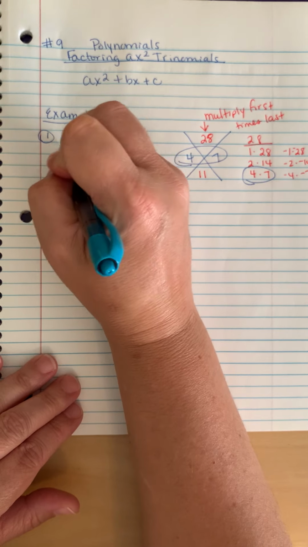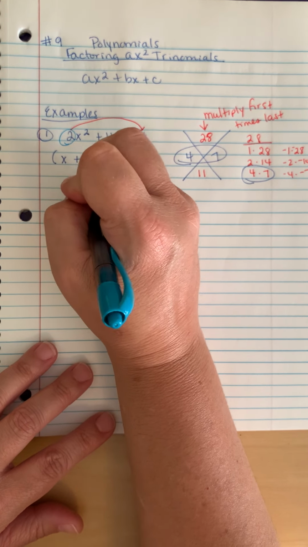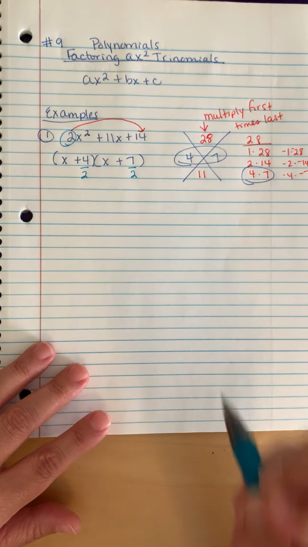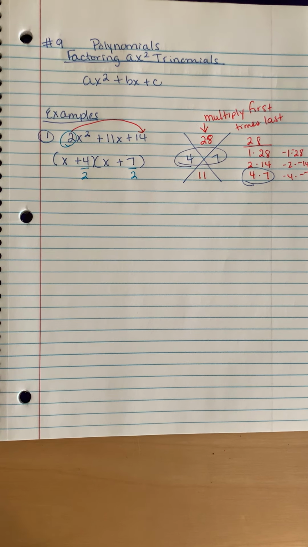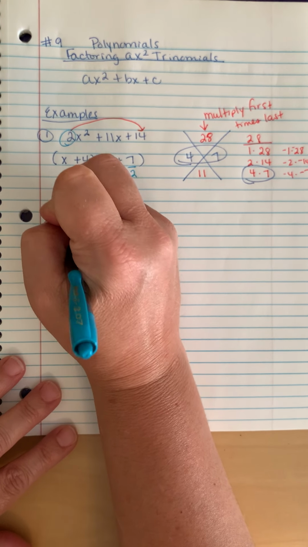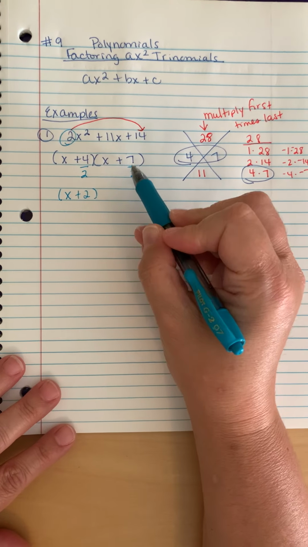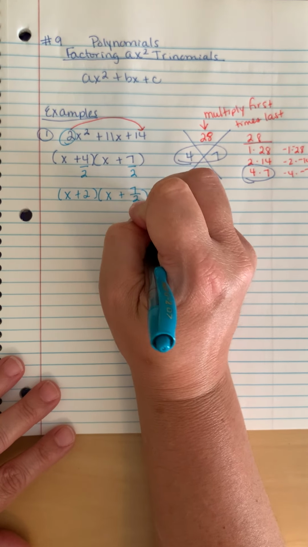You're going to take that coefficient, that 2, and you're going to divide each number by that 2. And really what you want to do here is simplify where you can. So 4 divided by 2 is 2, so we're going to have x plus 2. And 7 divided by 2 cannot be simplified, so I'm just going to leave it as 7 over 2.